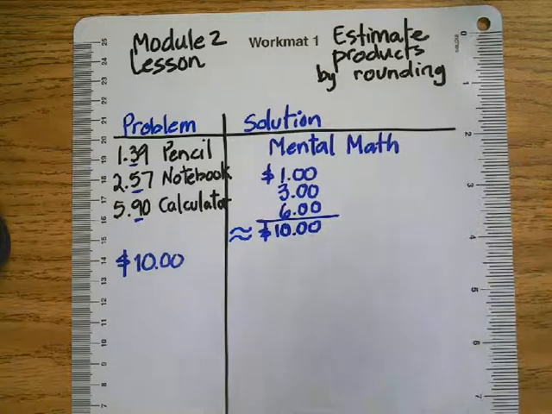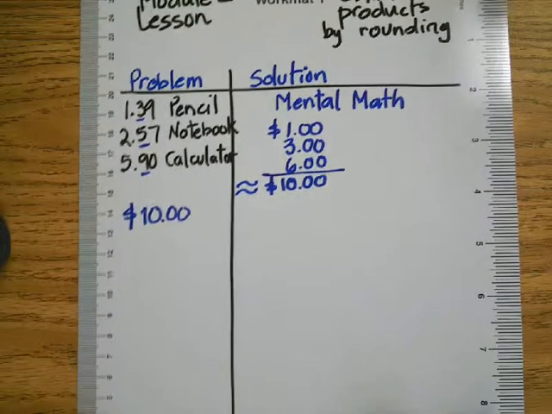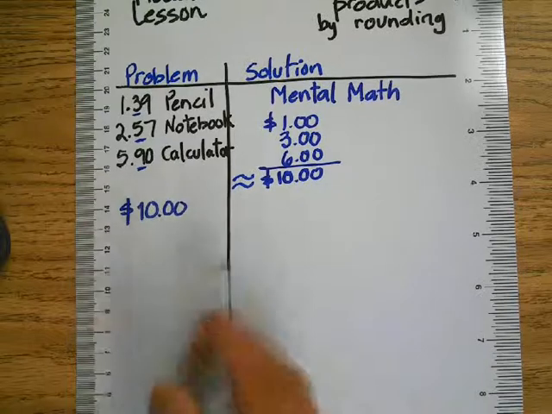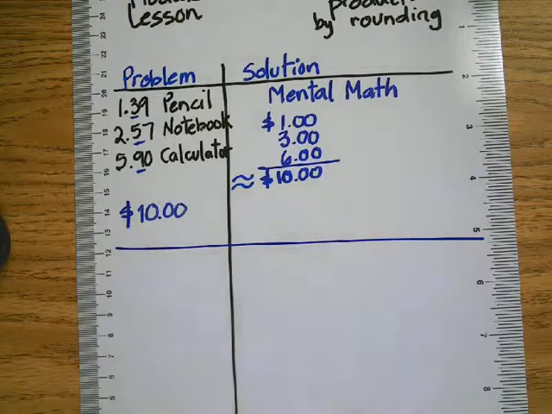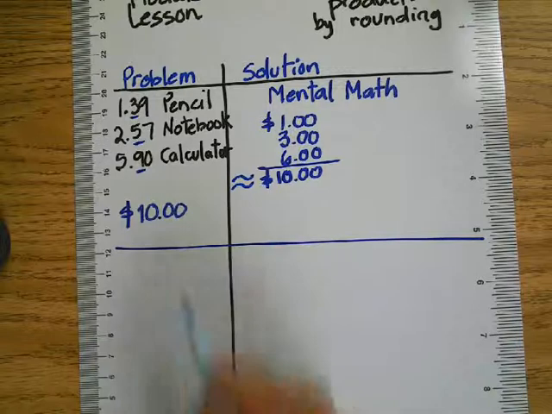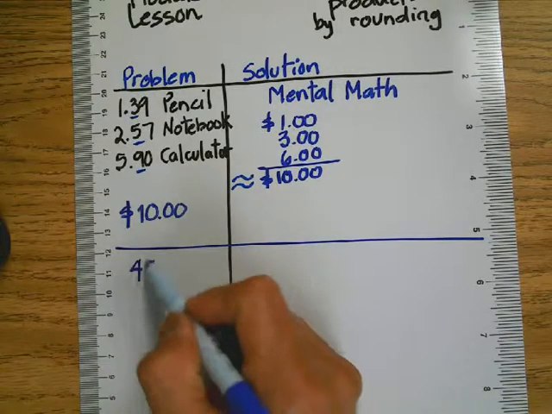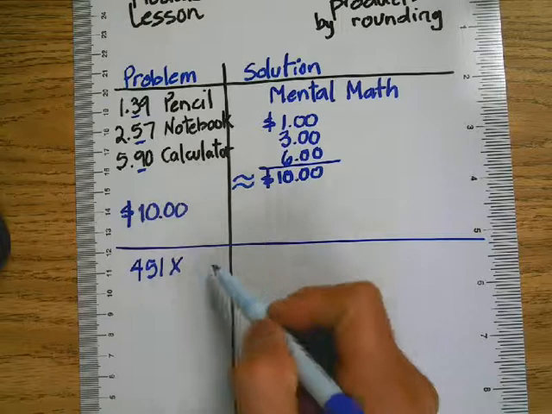This is why they learn rounding and estimating in class. So let's look at an actual problem. Let's say that we are multiplying 451 times 80.